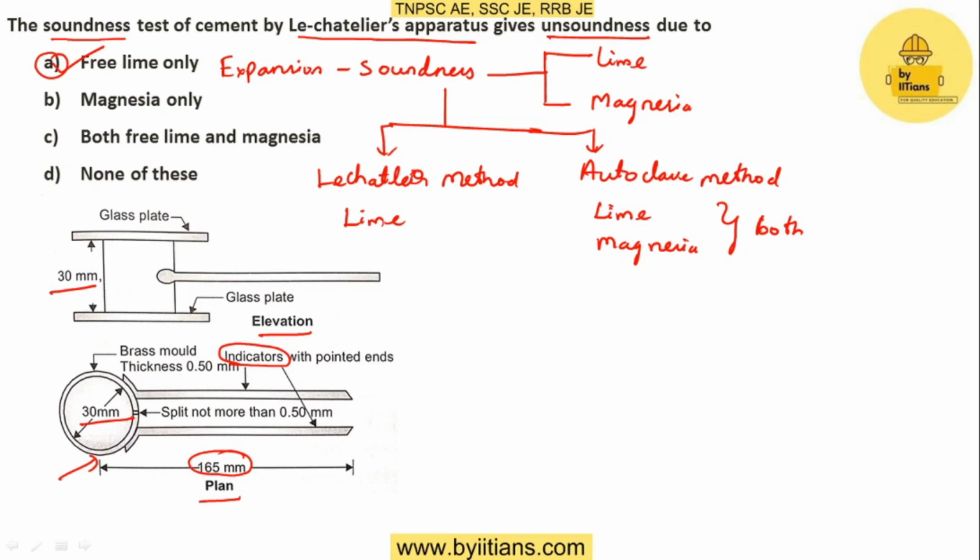Here we have a split, which means we can split the cylinder into two parts. Now what we have to do is take a small quantity of cement and mix it with 0.8 times the standard consistency of water. Okay, this standard consistency can range from 28% to 33%.